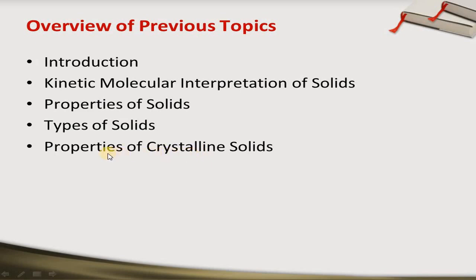We have discussed in detail their geometrical shape, melting point, symmetry, habit of a crystal, allotropy, isomorphism, and polymorphism. In today's lecture, we will discuss first the allotropes of oxygen and sulfur, and then crystal lattice. So, starting with the allotropes of oxygen.